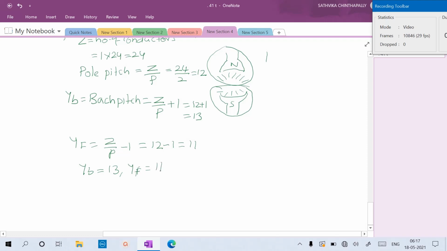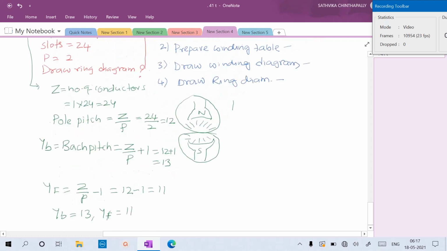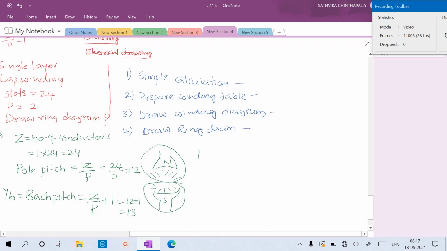Once we have this, the first step, simple calculations, is over. Based on this we calculated the pole pitch, the back pitch, and the front pitch.